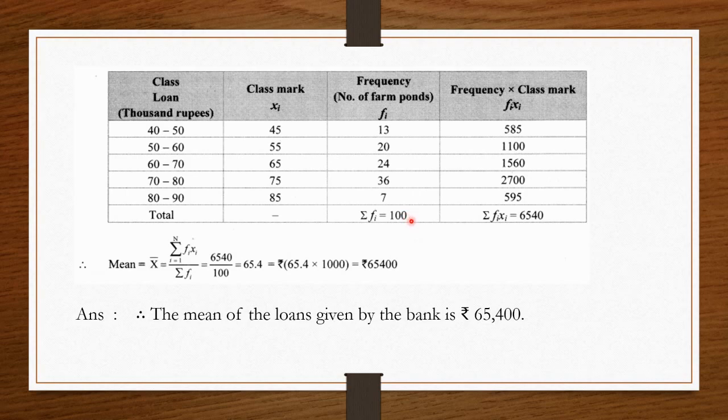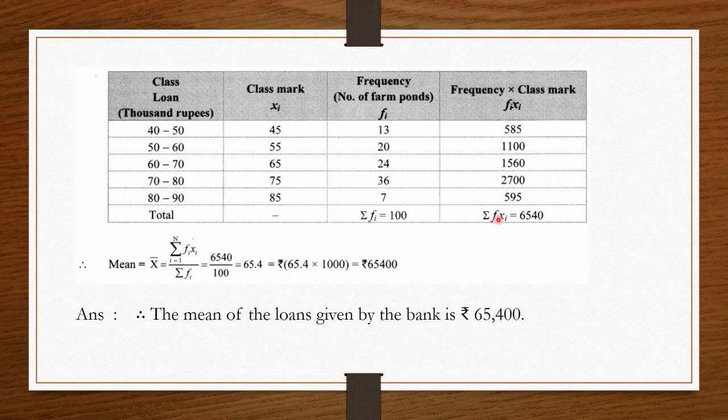Fourth column, fi into xi, that is 13 into 45 is equal to 585, and next, 20 into 55 equals 1100, and next is 24 into 65 equals 1560, and next one is 2700, and next one is 595.